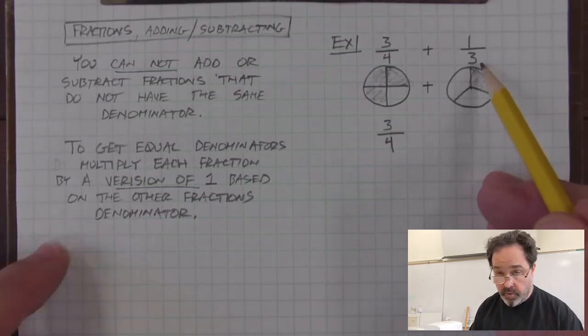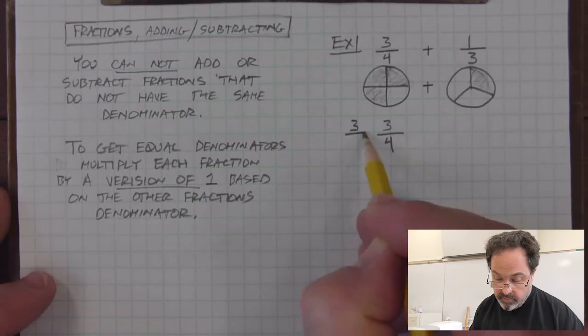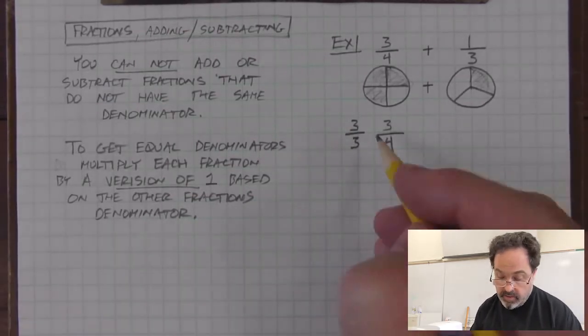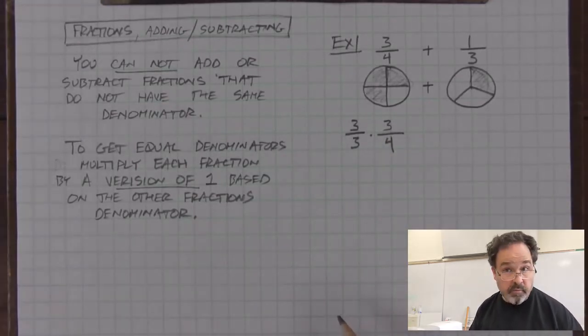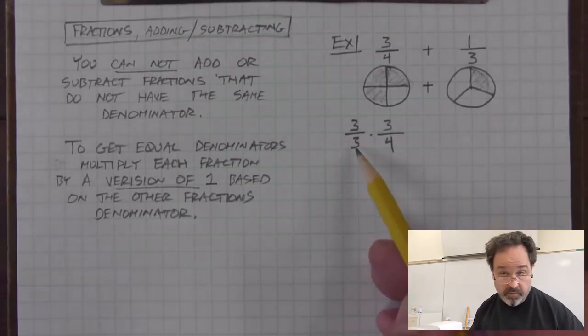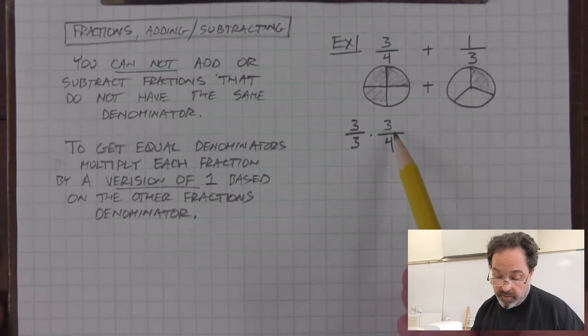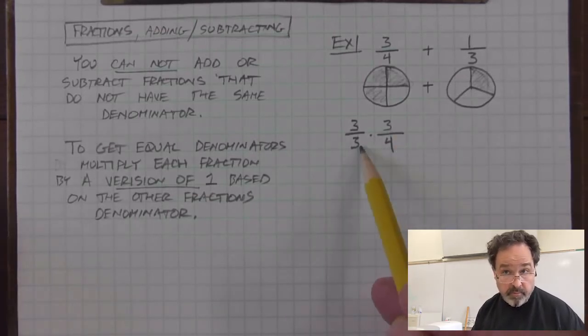So a version of 1 based on 3 is 3 divided by 3. 3 over 3 is 1. Something over itself is always 1. 3 divided by 3 is equal to 1. So I want to multiply the fraction 3 over 4 by this version of 1.